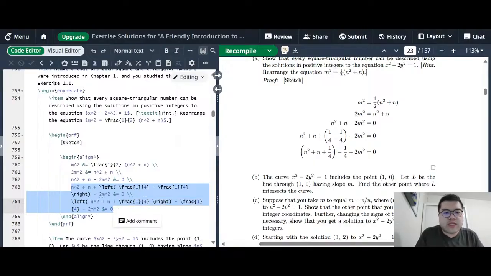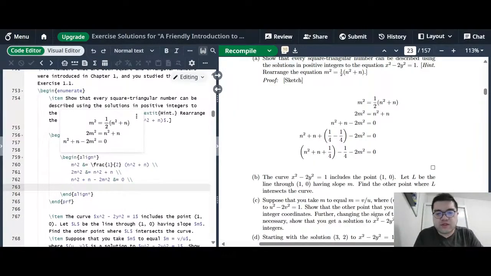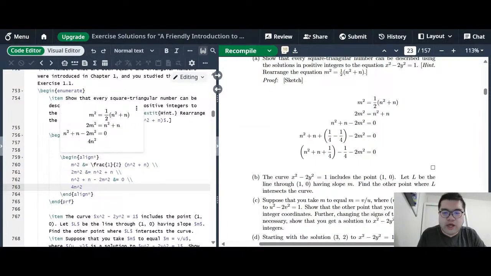Back to the fourth line. So instead of having just n squared plus n minus 2m squared equals 0, we're going to multiply everything by 4, so that it turns out to be 4n squared plus 4n minus 8m squared equals 0.